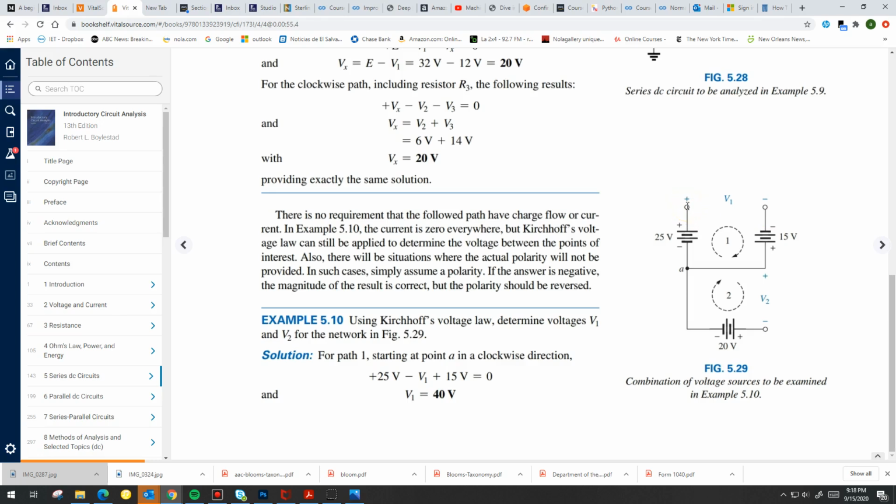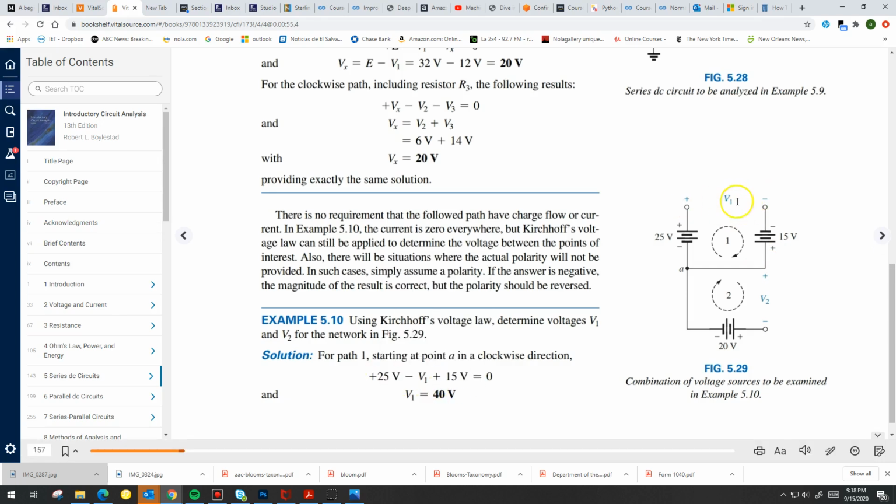You have a drop of V1, and then going back this way, you have a gain of 15 back to A. It's a closed path, and at every point, I'm looking at the voltage rises or the voltage drops. So I have a rise of 25, a drop of V1, and another rise or gain of 15. Solving for V1 gives me a voltage of 40 volts.